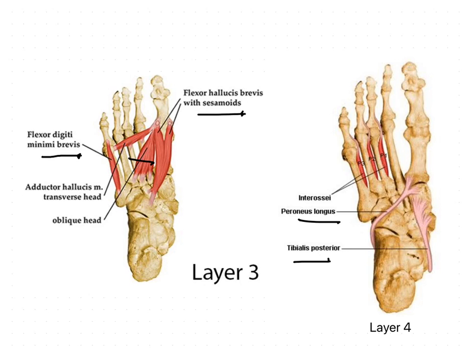We can find three plantar interossei, and four dorsal interossei are also closely related here. These are the muscles present in the sole of the foot. In layer 4, mainly interossei muscles are present, and the two tendons are peroneus longus and tibialis posterior.